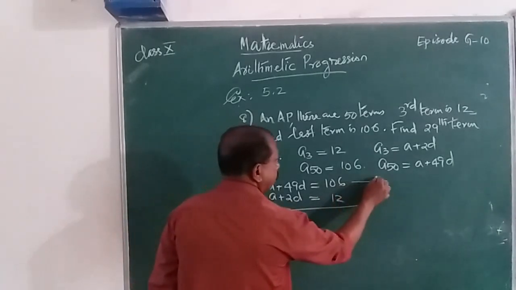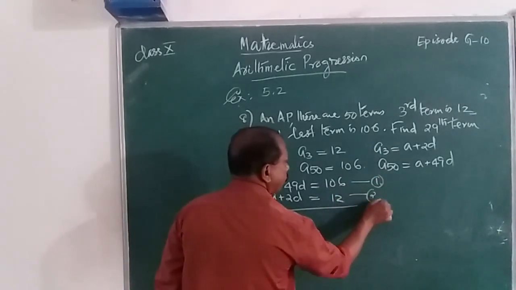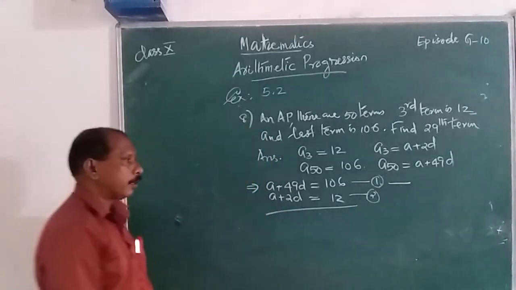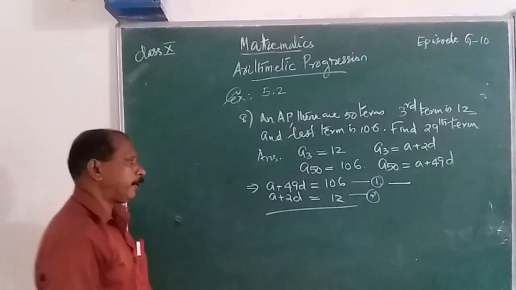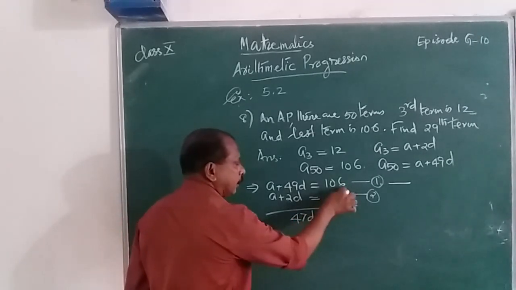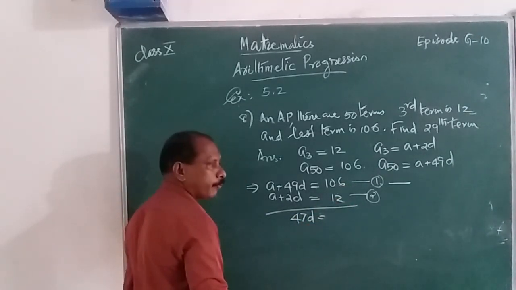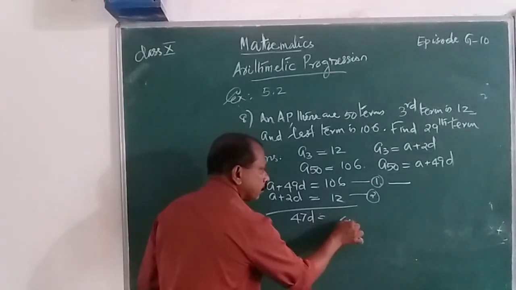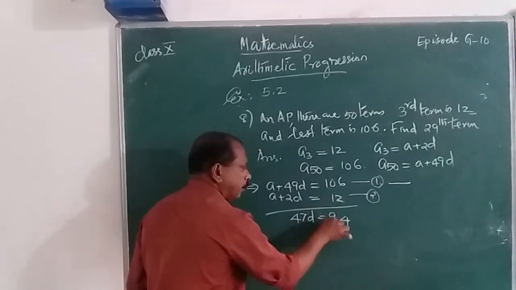There are two equations: equation number 1, equation number 2. Subtracting, A cancels. 49 minus 2, that is 47D, is equal to 106 minus 12, that is 94.